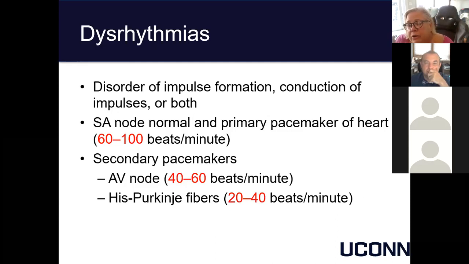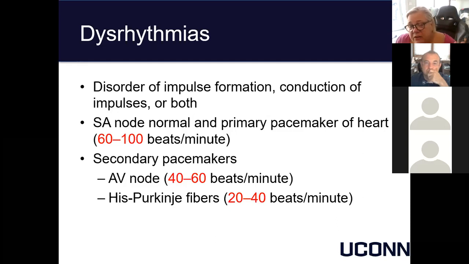If you don't see P waves and yet you have QRS complexes more frequently than 40 or 60 beats a minute, well, you know more impulses are getting through and stimulating the AV node from the atrium. It's not just the AV node taking over the role of the SA node.